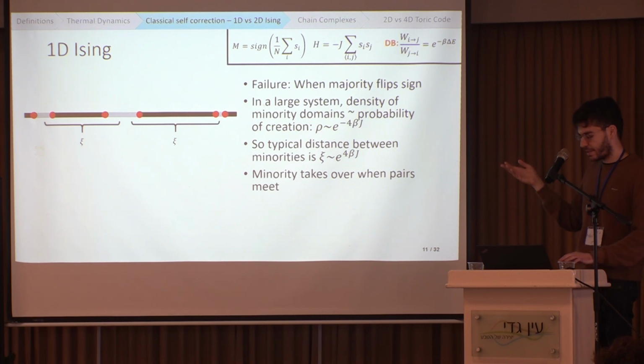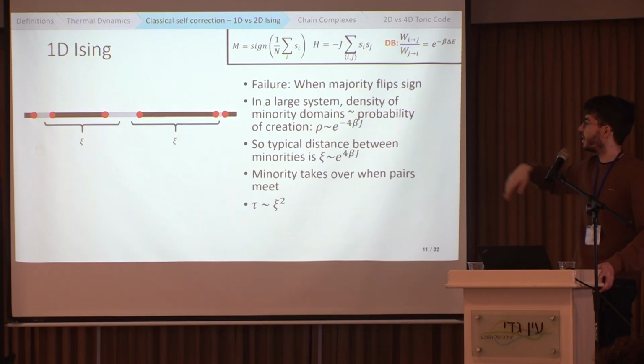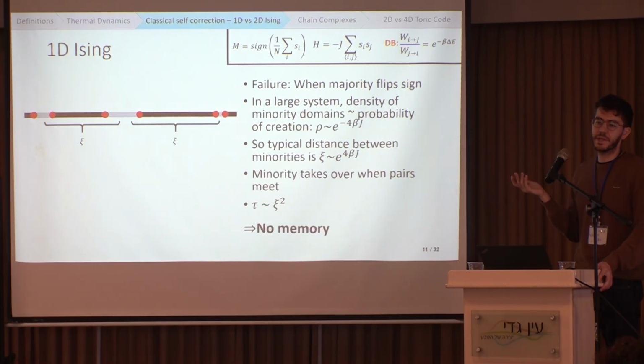Like we know from random walk, it would just take psi squared time until these boundaries meet, and we have no memory because it does not depend on the system size. We can make the system bigger, but it doesn't improve our time.